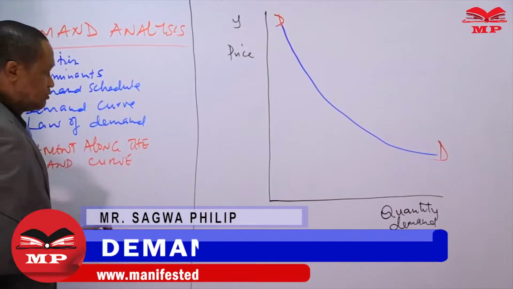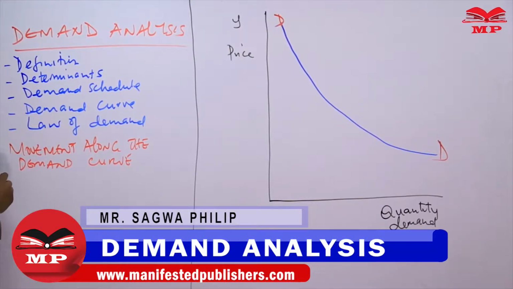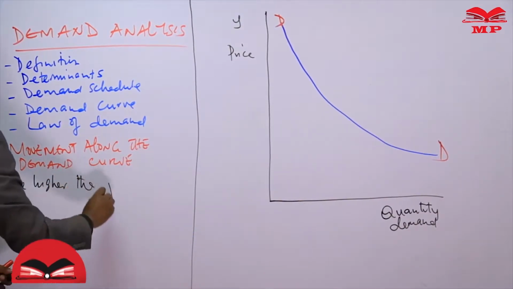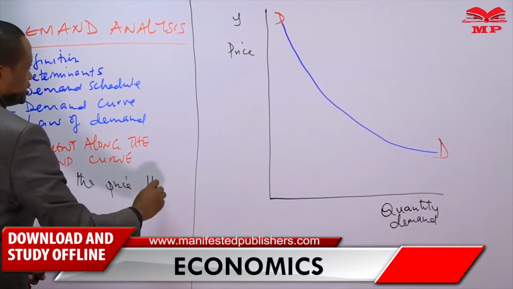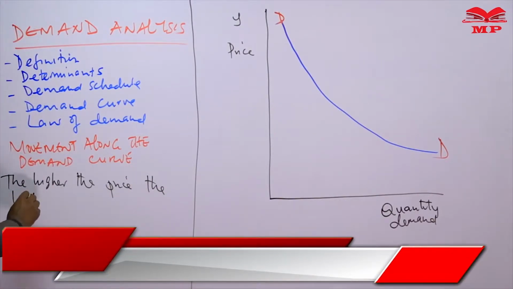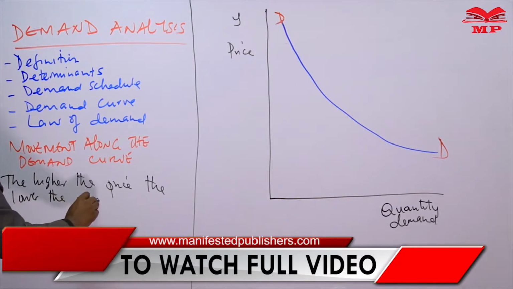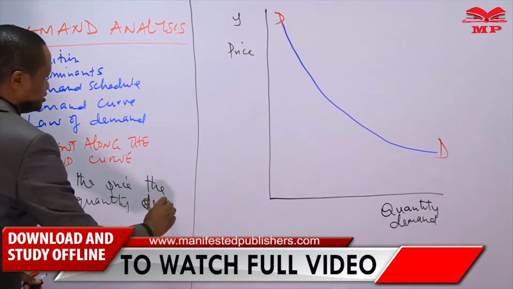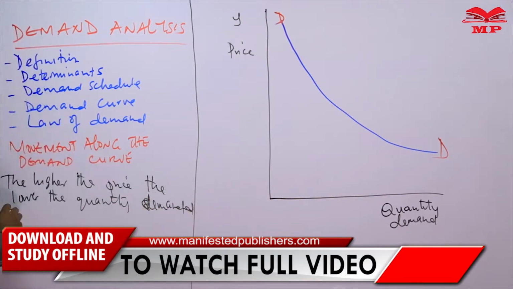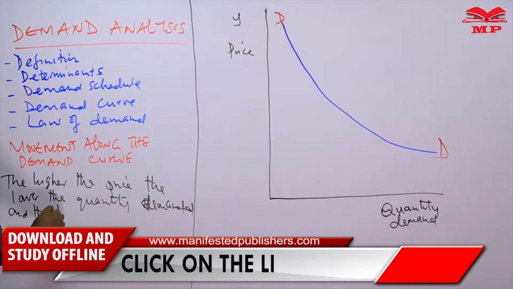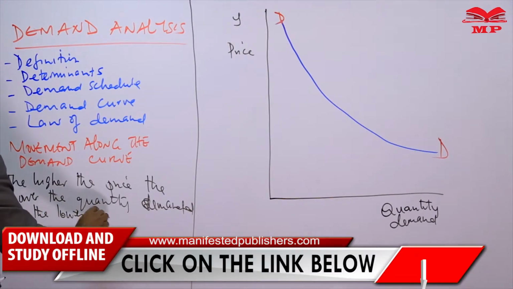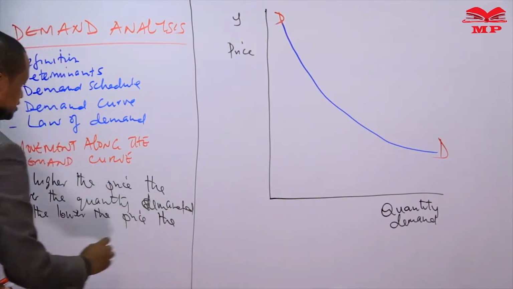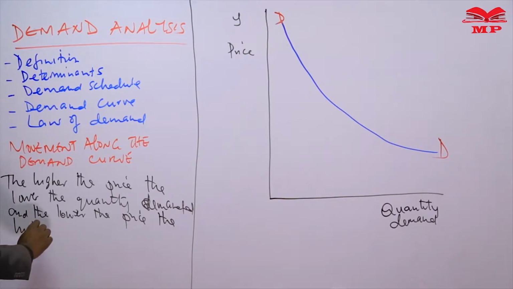Remember, the law of demand states that the higher the price, the lower the quantity that will be demanded, and the lower the price, the higher the demand.